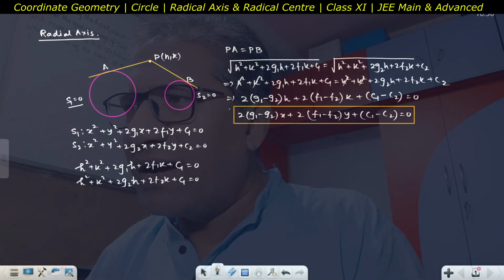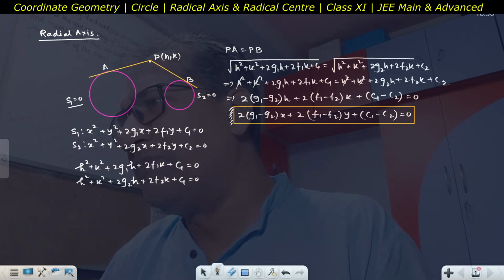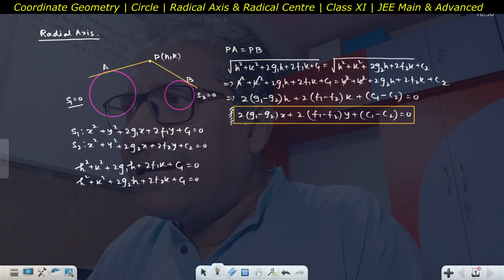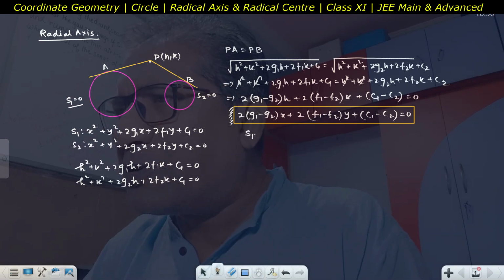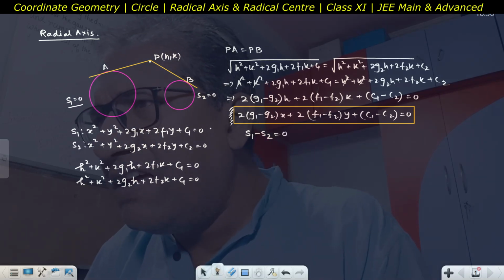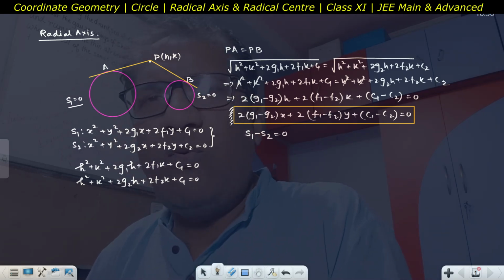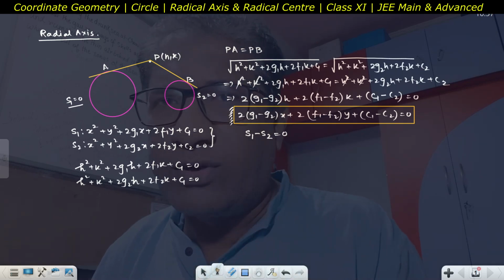Now, if you have a keen look at the equation of the radical axis, then we can easily see that you can get this equation of the radical axis very easily simply by subtracting S1 minus S2 equals to 0. If I subtract the given two equations, we are going to have the equation of the radical axis. So this is a very important point to be noted.